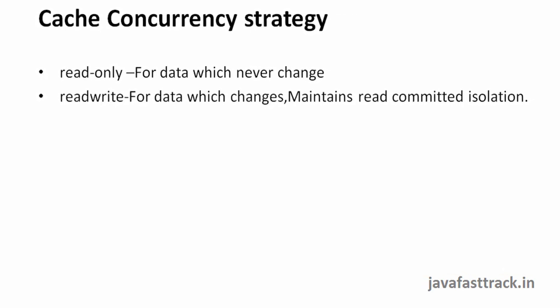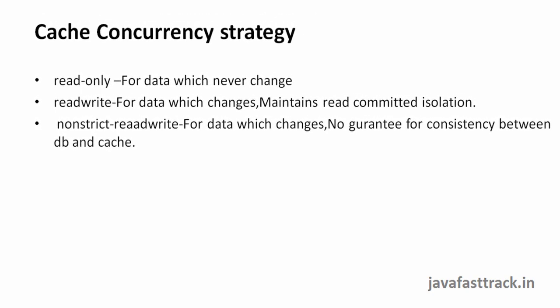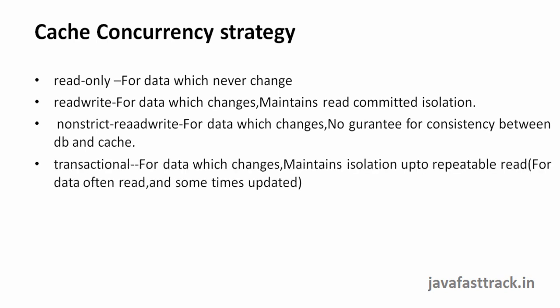Read write is one strategy. Non-strict read write is one strategy. Transactional is one strategy. It is not possible to thoroughly understand these 4 strategies because these are related to transactional concepts. If you know the transactional concepts, then only you can understand these strategies properly.